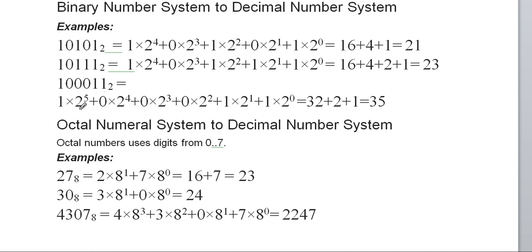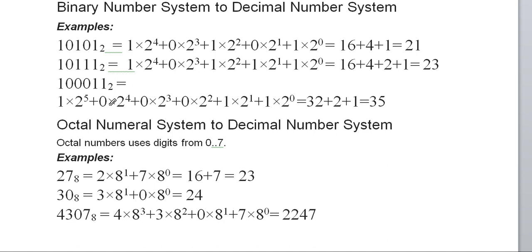So 6 is the value of n. 6 minus 1 is equal to 5. So the first bit will be multiplied by 2 to the power 5, and we apply the same process. The power decreases continuously, and finally when we reach 2 to the power 0, we get our result, and it will be 35.